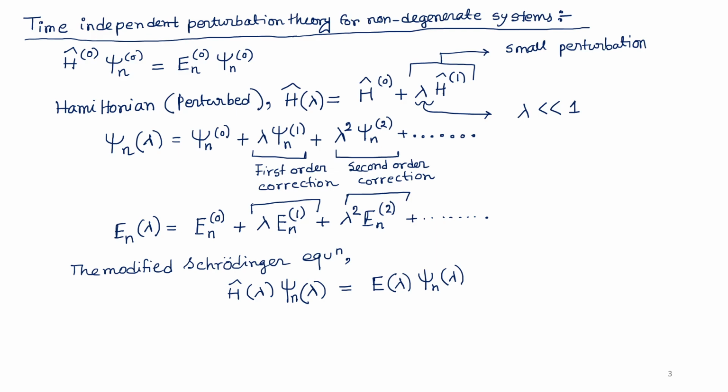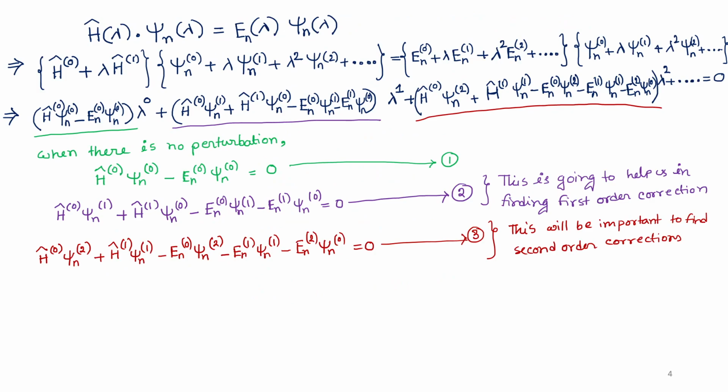That is expanded throughout, and when we put it into the Schrodinger equation, the equation becomes modified. From there we have discussed these three, though a lot more equations can be generated depending on the order of lambda. Here we have taken only lambda to the power 0, 1, and 2, and their coefficients.